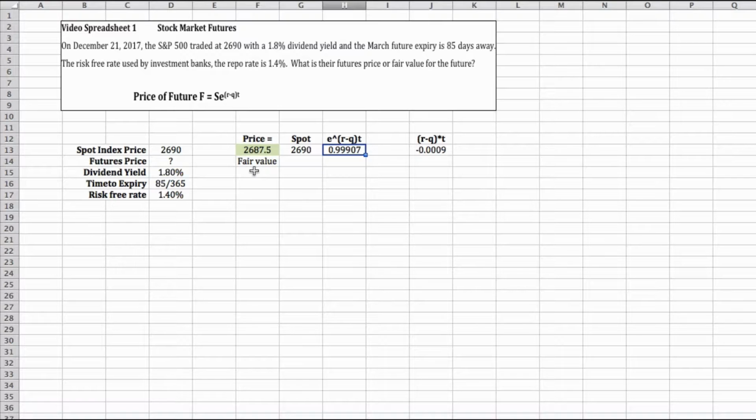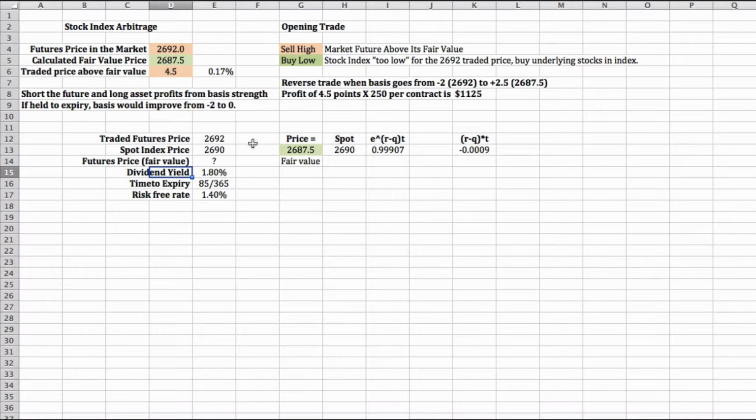Now, this fair value of the future, the market can trade either side of that, and as long as transaction costs are close to that number, there's not going to be a lot of arbitrage or index trading of it. If you want to think about index arbitrage, that problem had the market at 2692.